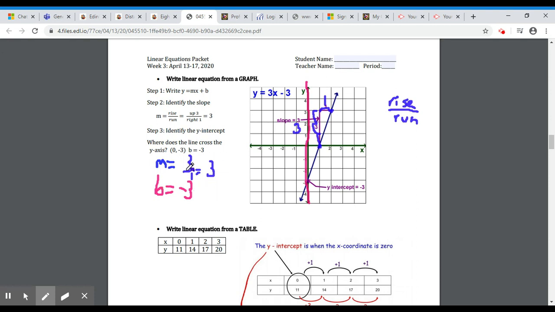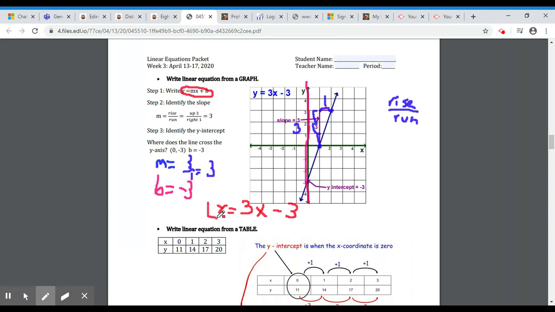But now I've got to put this information into an equation. So I have to write it in this format right here, y equals mx plus b. Well, you're just going to plug it in. y equals, my m is 3, my variable x, and my y-intercept is negative 3, so I'm going to put minus 3.